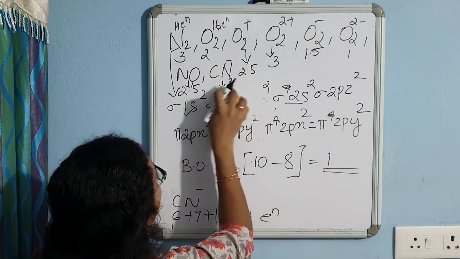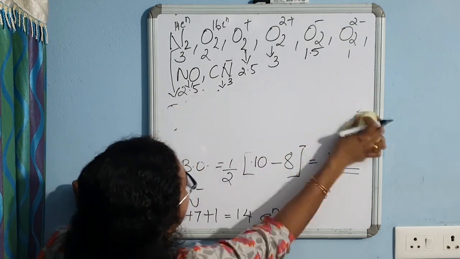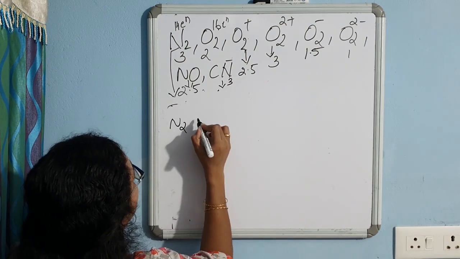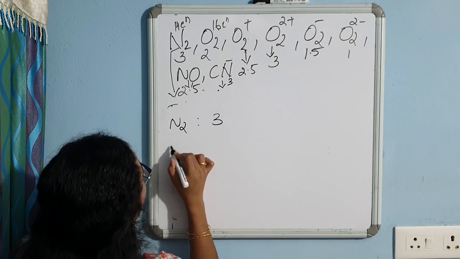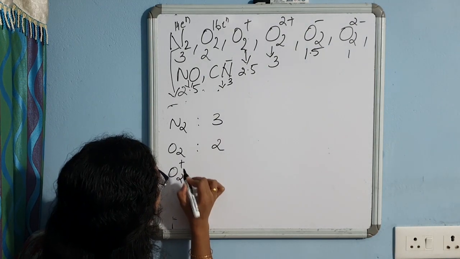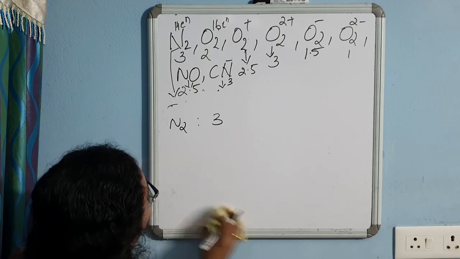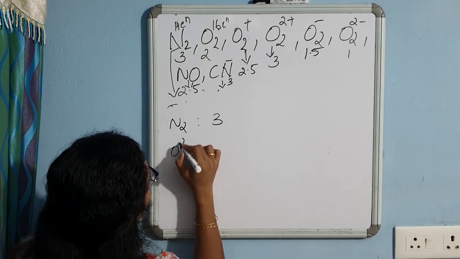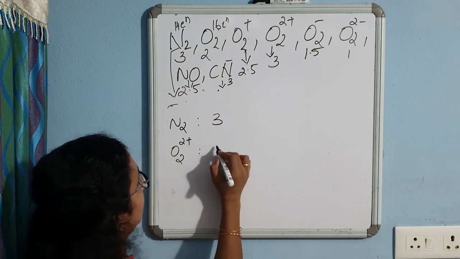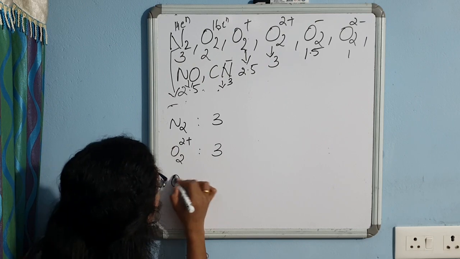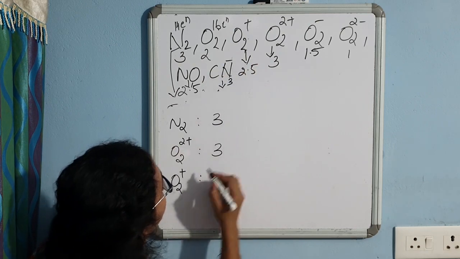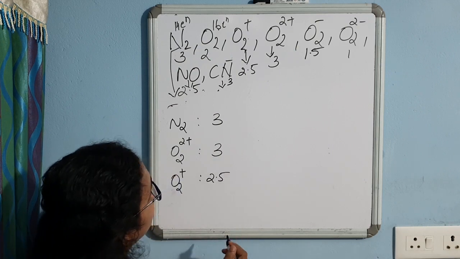So we can compile all these. So we get for nitrogen the bond order is 3. For O2 it is 2. O2 plus, we can write it in order. First we can write O2 2 plus, that is isoelectronic with nitrogen. So 3 bond order. Then O2 plus means the bond order becomes less, 2.5.